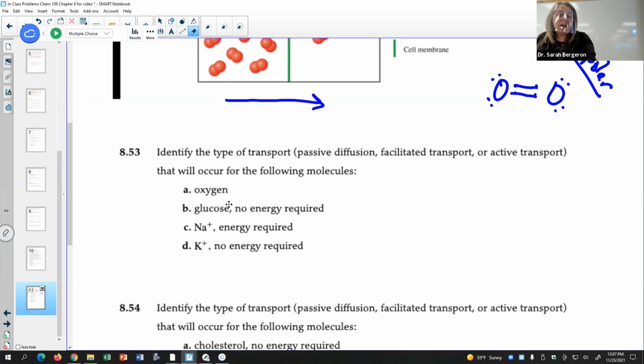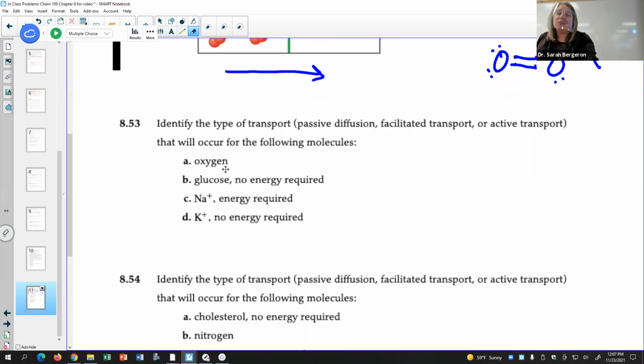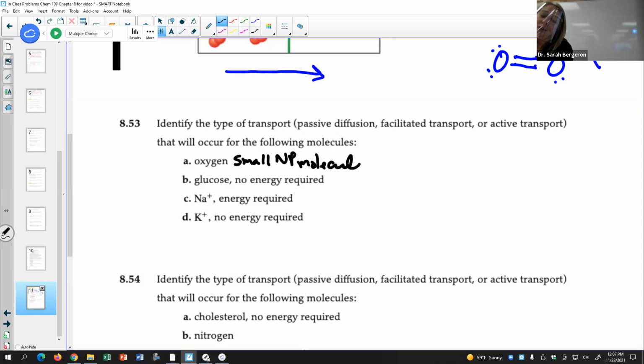So let's look at each one. Oxygen, what happens with oxygen? What did we just say? It's a very what? This is a small non-polar molecule. So how will it move? Passive, it doesn't need any help.